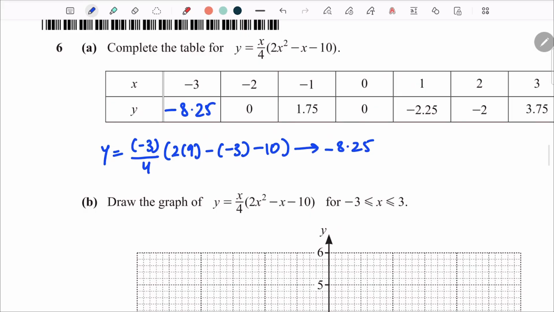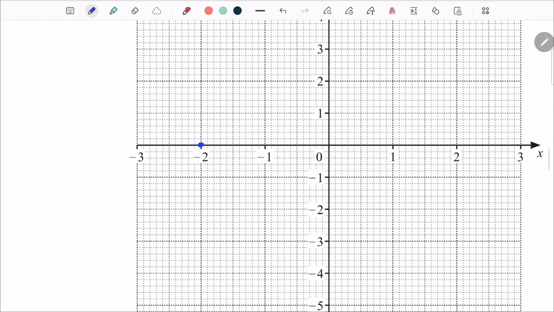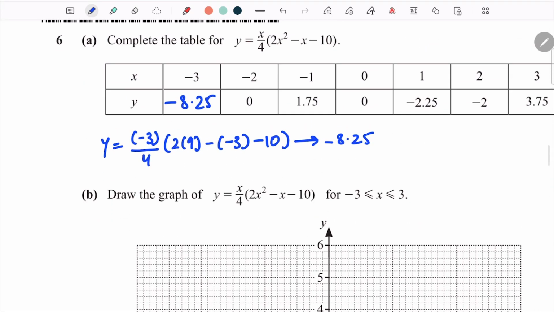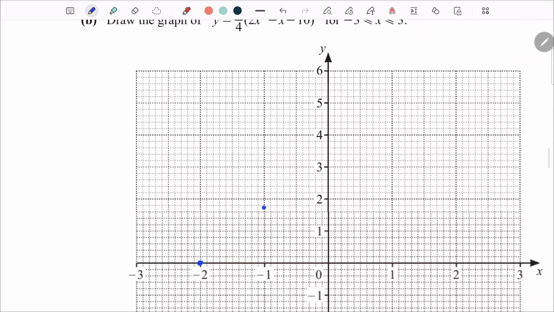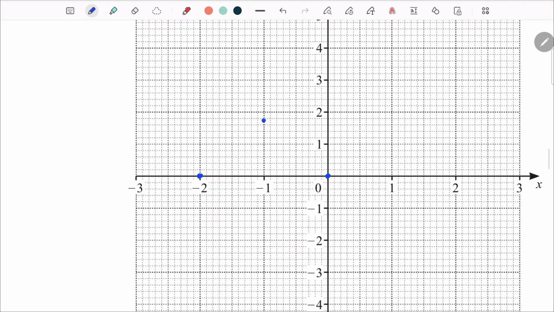Then the second value is negative 2 and 0. Negative 1 and 1.75. 1.2, 1.4, 1.6, 1.75 will be somewhere here. Then the next value is 0, 0, that is at the origin.